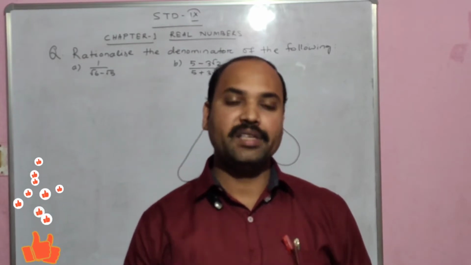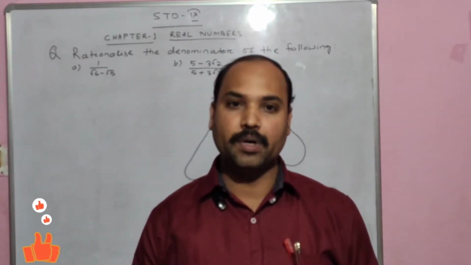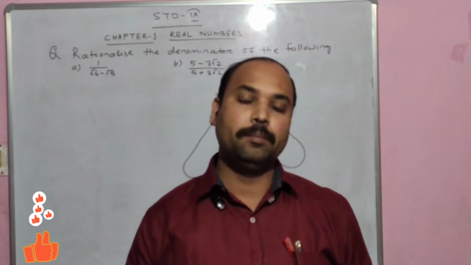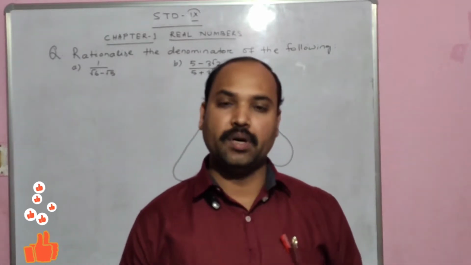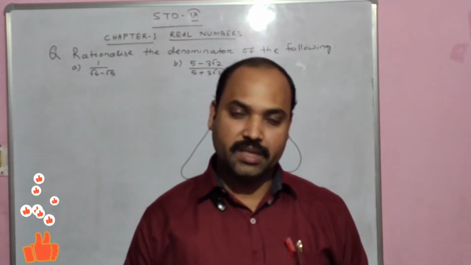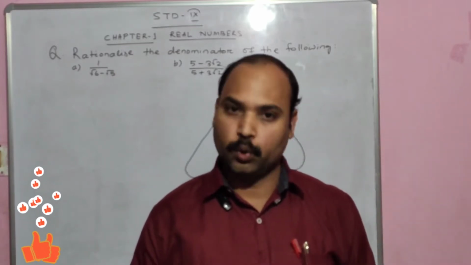For rationalizing the binomial irrational numbers, we have to multiply its conjugate number with its numerator and denominator both.